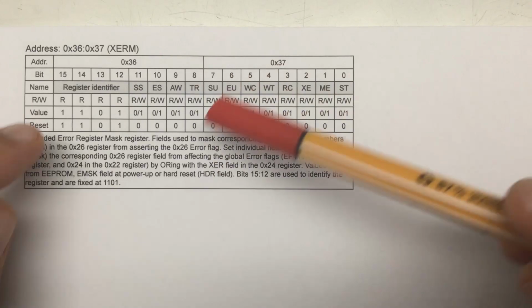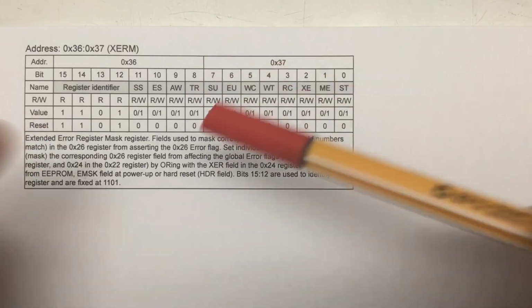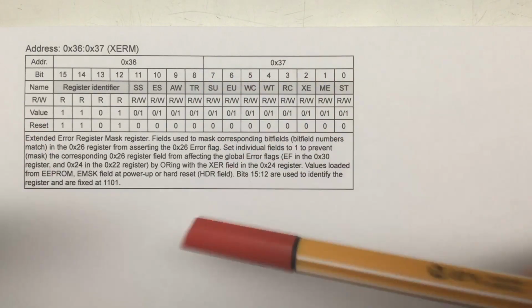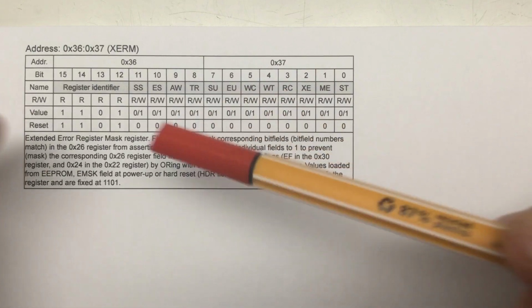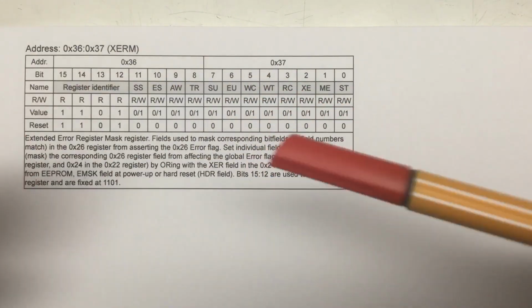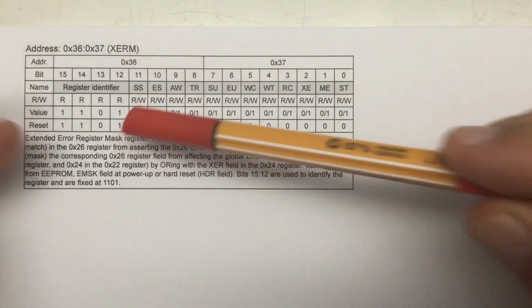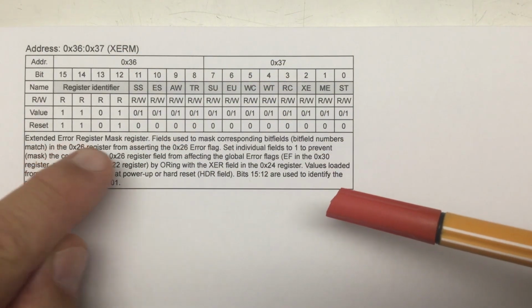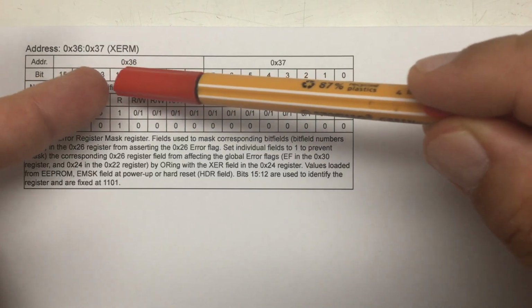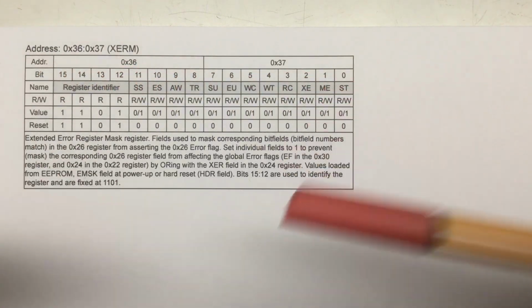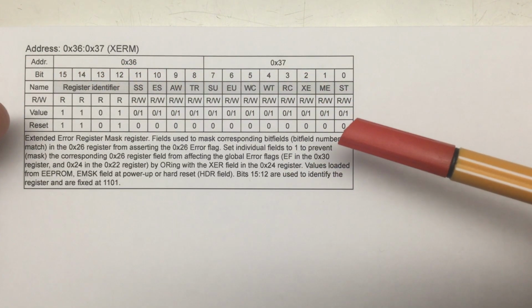Finally, we have the extended error register mask register, which works exactly the same as the error register mask register, but for the extended error register. So the register identifier code here is 1101, and then you find all the flags of the extended error register.